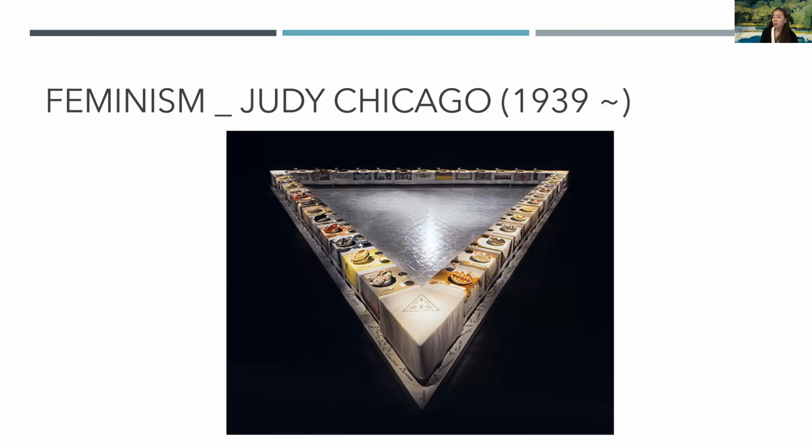Arranged around the triangular table are 39 place settings on the tabletop, each one created in honor of influential women, such as Egyptian ruler Hatshepsut and the novelist Virginia Woolf. And the names of an additional 999 important women are written on the tile floor in the center.